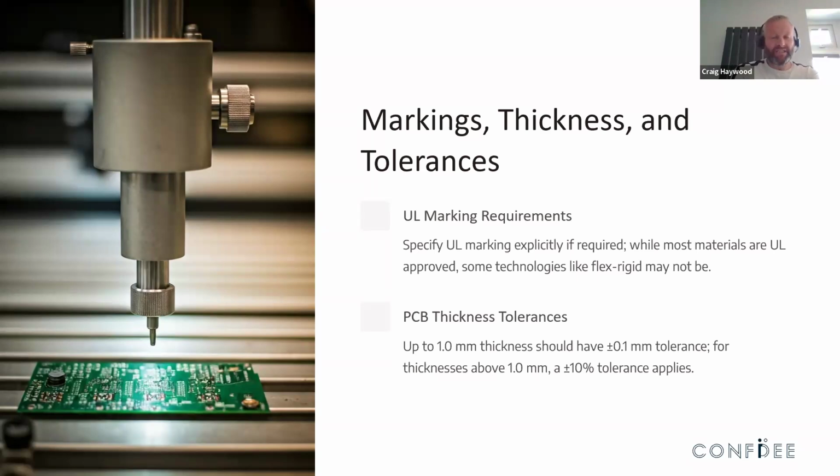Because there are so many variations of flex rigid, it is not always easy to get the qualification. Qualification takes a long time. Qualification costs a lot of money. So if the manufacturers don't have a lot of demand for these flex types, they won't get the UL approval to add the markings. They will use UL approved material types, but they just don't have the qualification to add the marking.